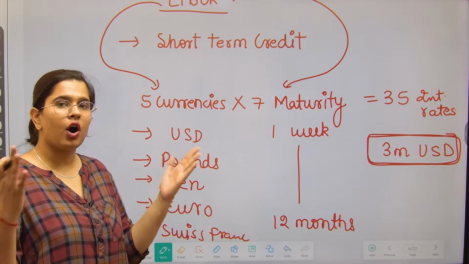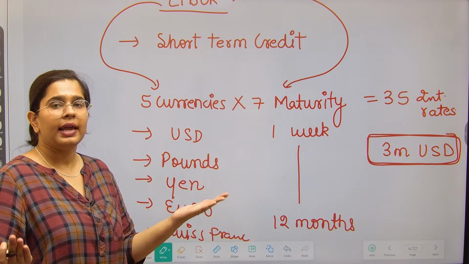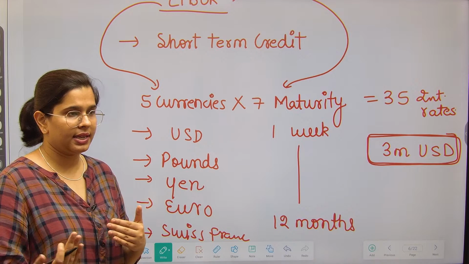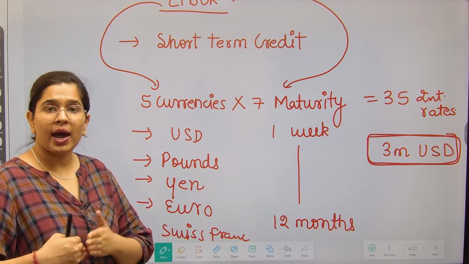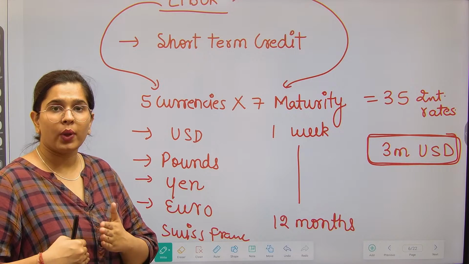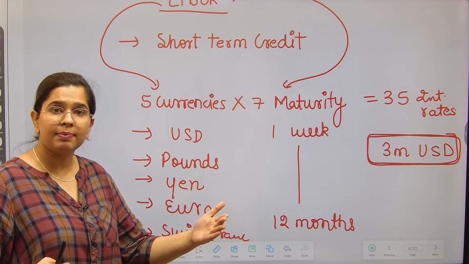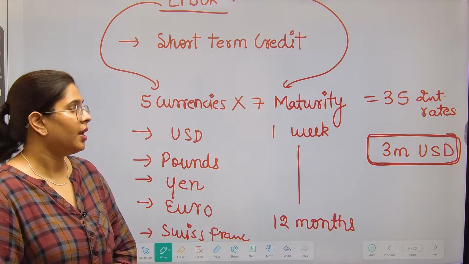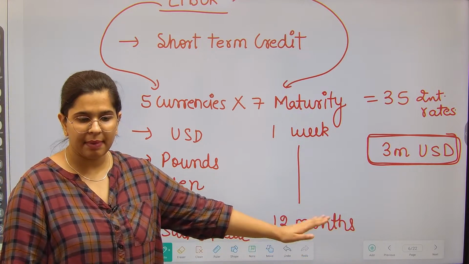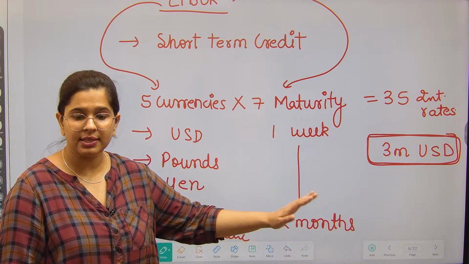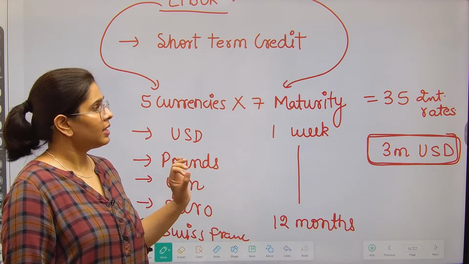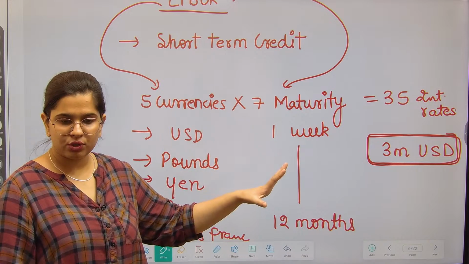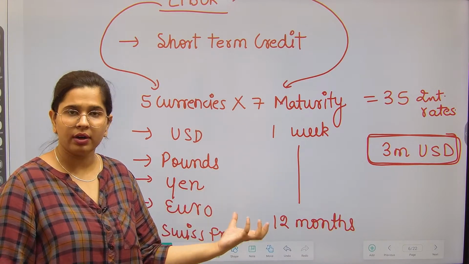So this was the concept of the whole LIBOR. It was interbank rates. Interbank rates means the interest rate at which one bank will give funding to another bank for a short term period, because as you can see the maximum maturity is 12 months. So I hope you have understood the context of LIBOR, right?